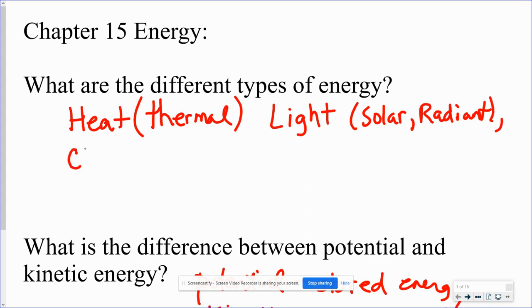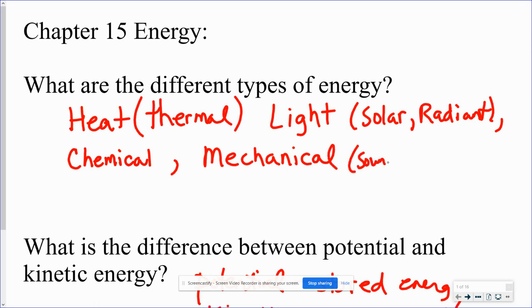We have chemical energy, energy stored in chemical bonds. We have mechanical energy. Some people would consider sound as part of that. Mechanical energy is like a water wheel moving, or us turning the pedals to make the bicycle go.